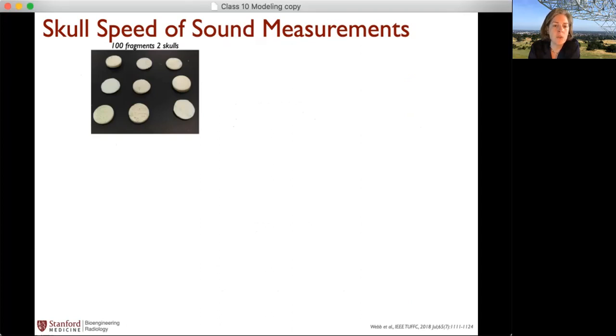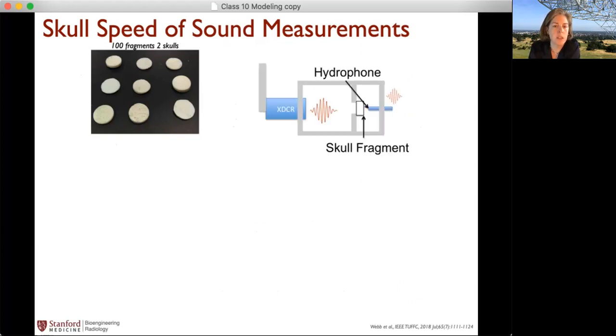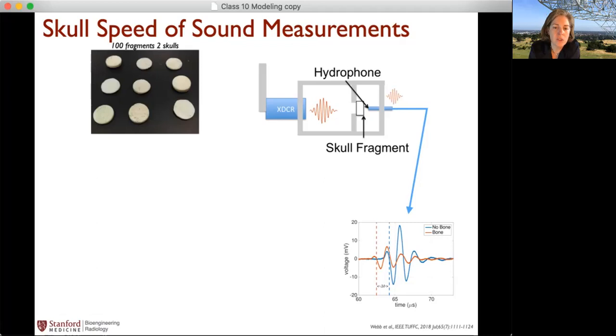So what we did in order to figure out how to assign the speed of sound was we looked at a bunch of different fragments, and now everybody knows what a hydrophone is and what the scan tank experiment looked like. You put a skull fragment in and use the transducer, send out a pulse, took the skull fragment out, use the transducer, send out another pulse, measured both of those and looked at them.